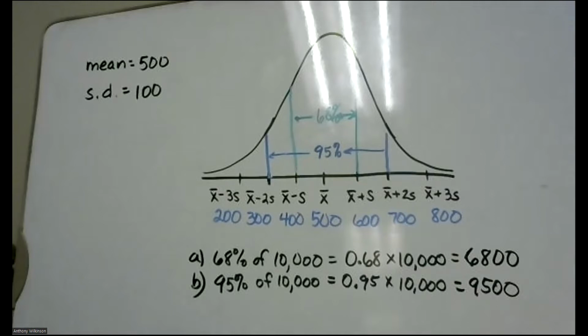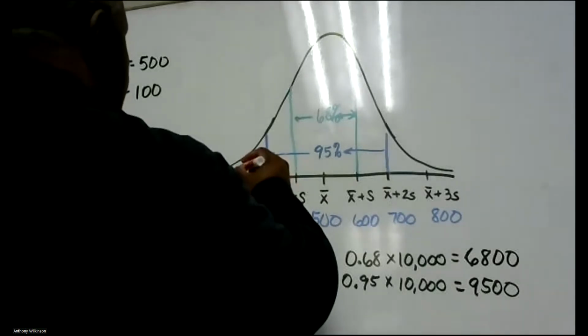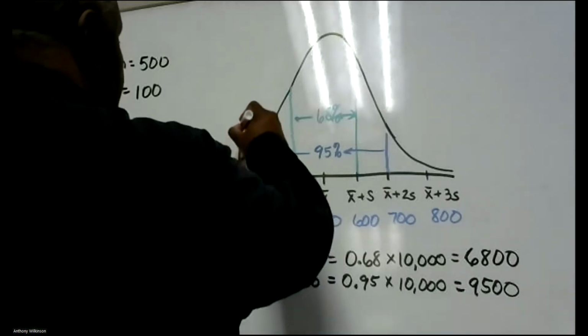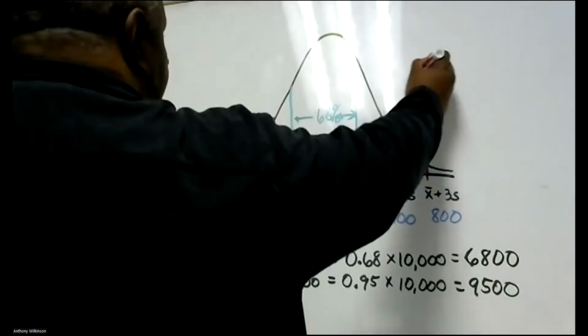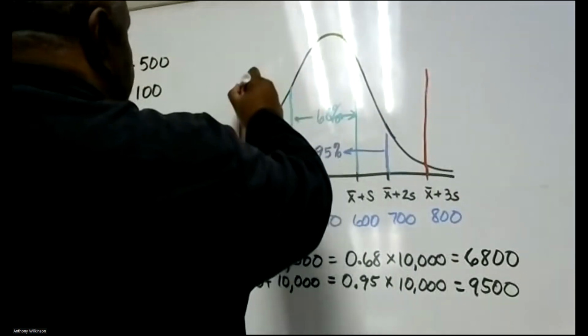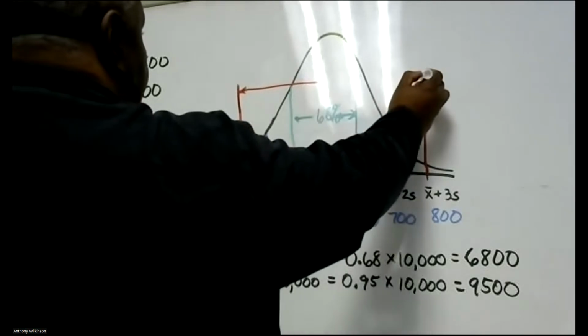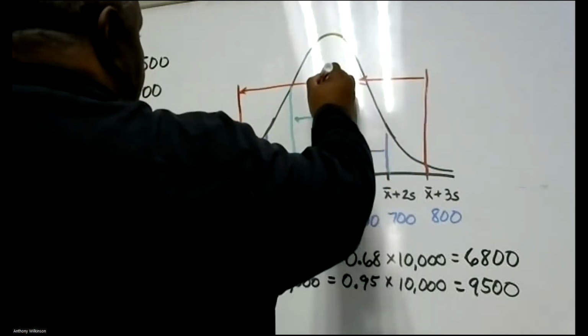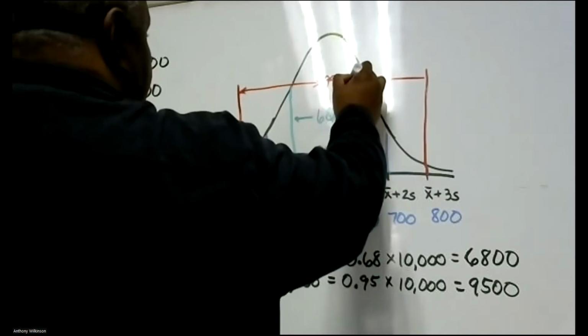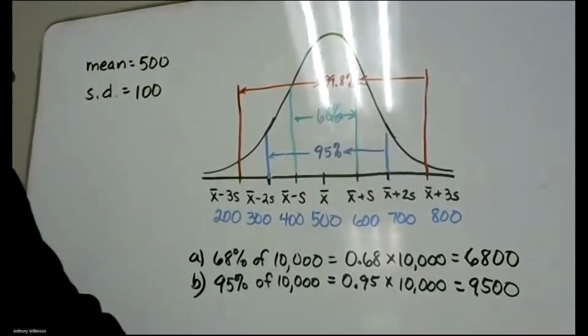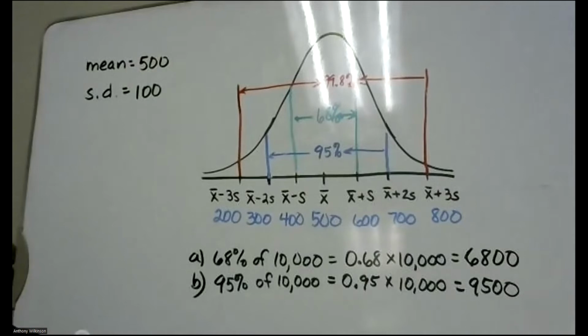All right, now what about between 200 and 800? So this is 200. That's 800. That's within 3 standard deviations of the mean. What would be the percent for that? 99.8%.